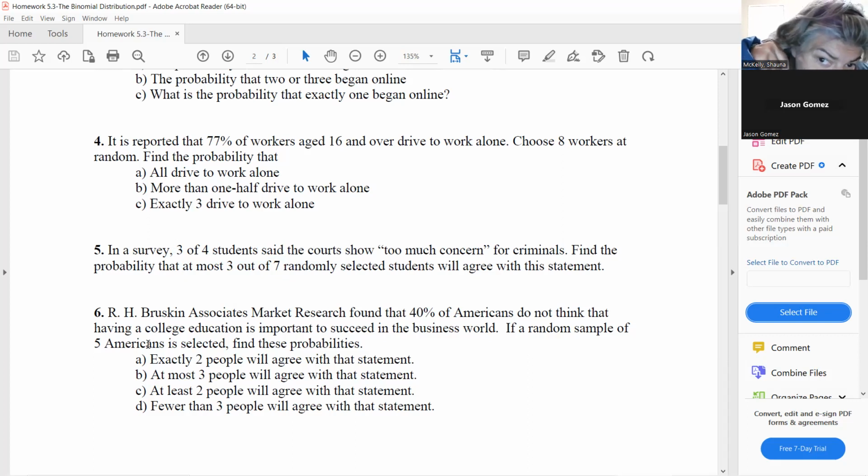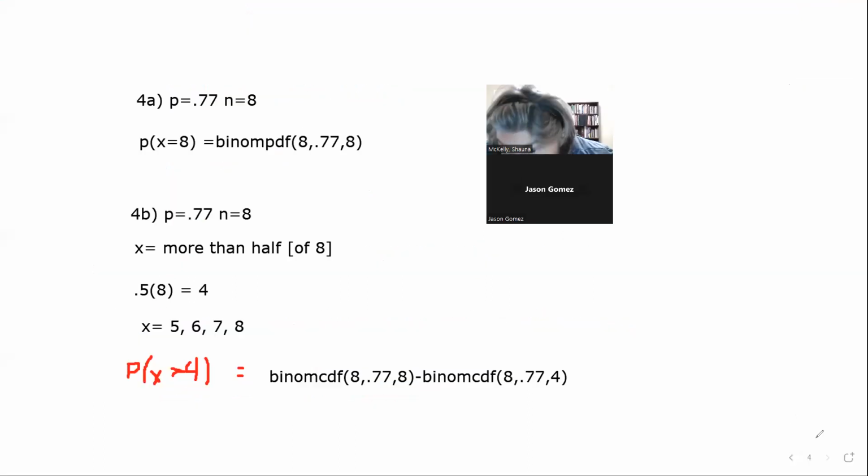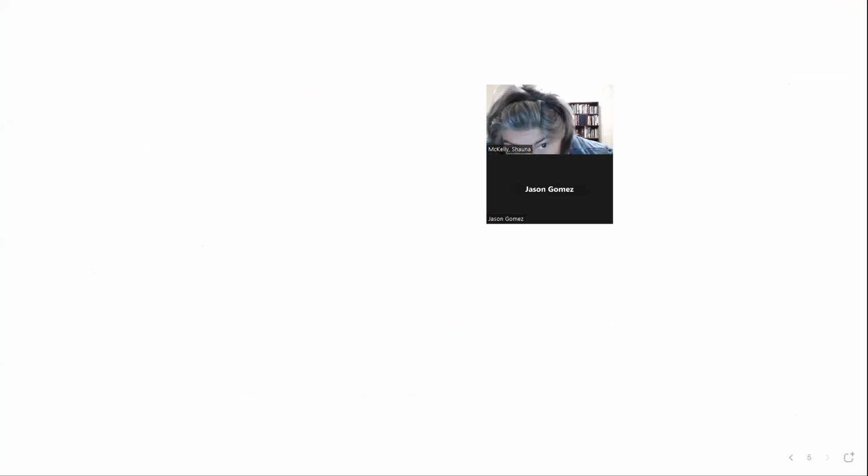In a survey, 3 out of 4 students said that the court showed too much concern, so this 3 out of 4 is your P, but it's disguised. How do I turn that into a probability? You divide 3 by 4, which equals 0.75. That's your P, because that's how likely they are to agree.